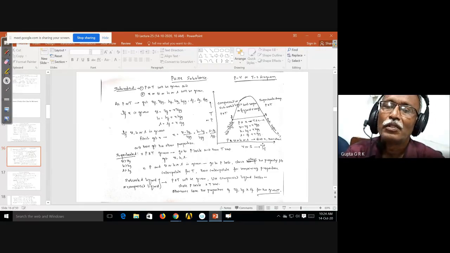In the pressure table, in the table, between two temperatures, it may fall.